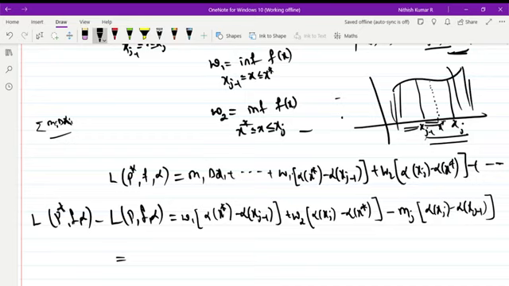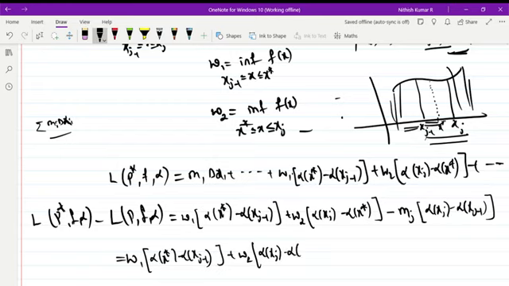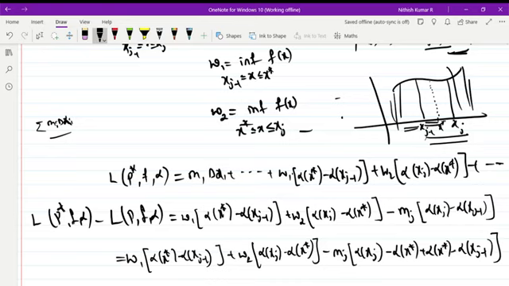Now by solving, take w1 as it is, alpha of x star minus alpha of xj minus 1, plus w2 times alpha of xj minus alpha of x star, minus mj times alpha of xj. In this I am adding and subtracting alpha of x star, so it is minus alpha of x star. The last term is as it is, alpha of xj minus 1.